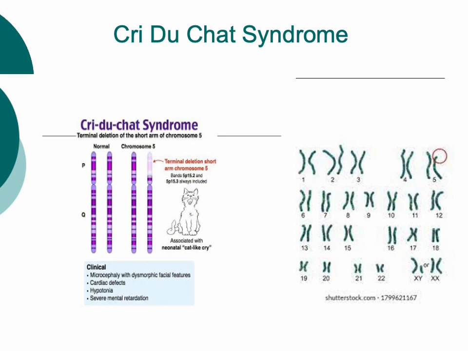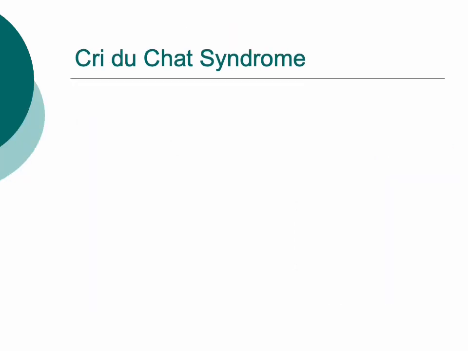As you can see there, the normal chromosome number 5. For Cri Du Chat Syndrome, you have a terminal deletion of the short arm or the P arm of chromosome number 5. Clinically, patients would have microcephaly with dysmorphic facial features, cardiac defects, hypotonia, and severe mental retardation.